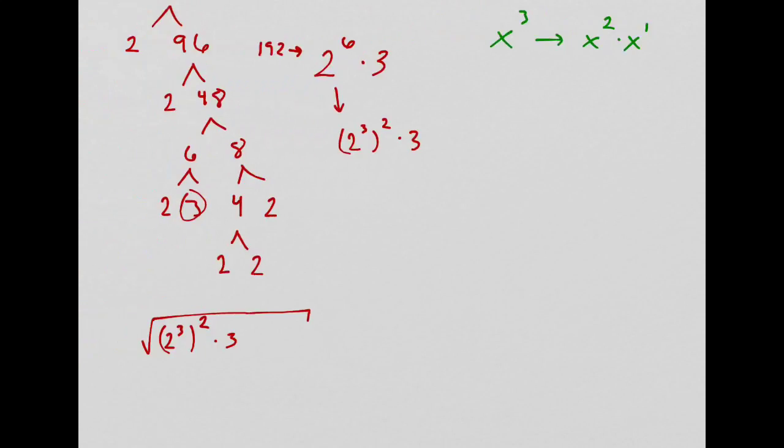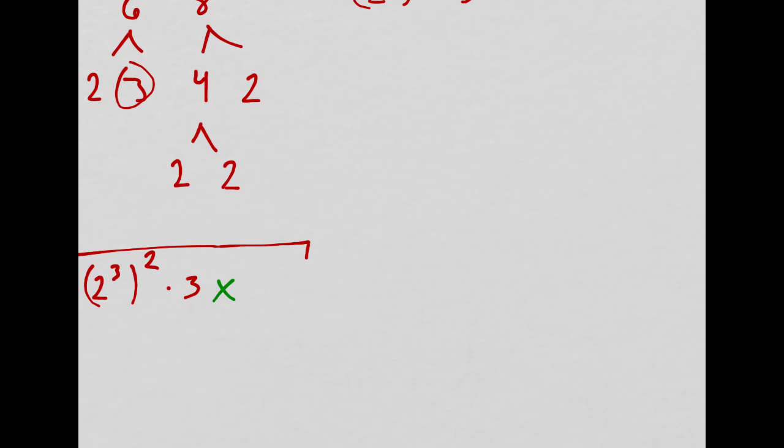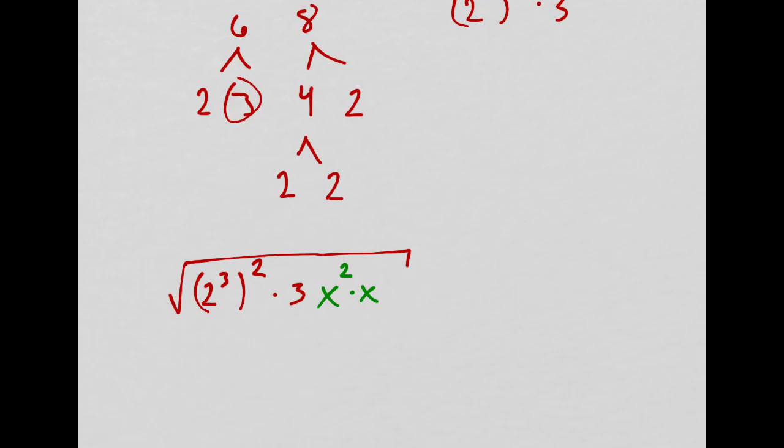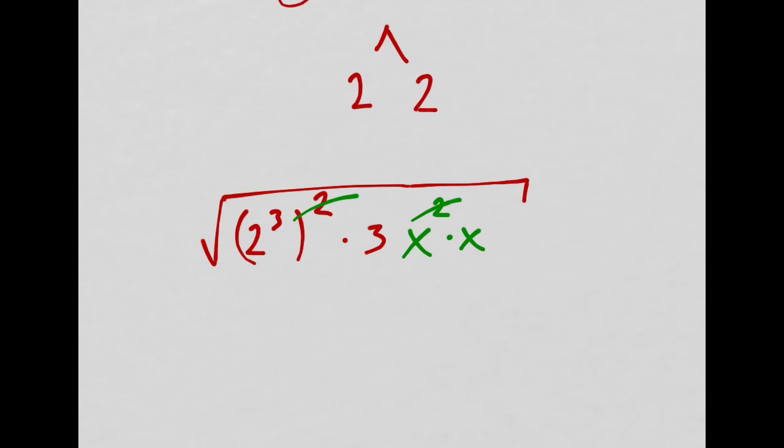So I would have x squared times x to the 1, and then anything that has a square will cancel out with the radical and come outside. So I have 2 to the third outside. Remember, that cancels out with the radical. 3 and x are left on the inside.